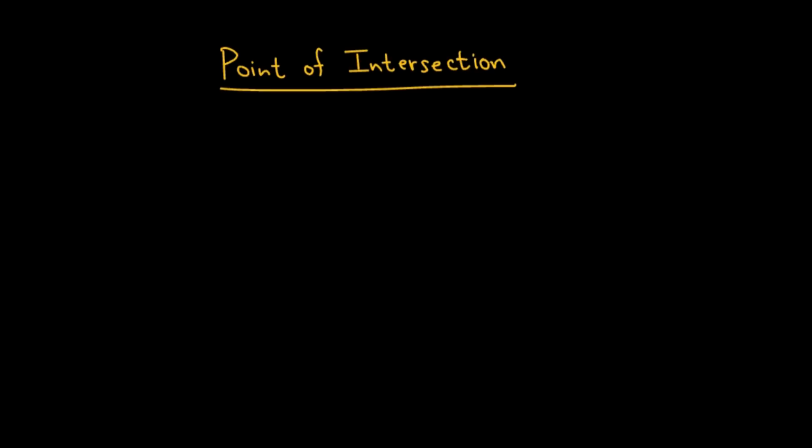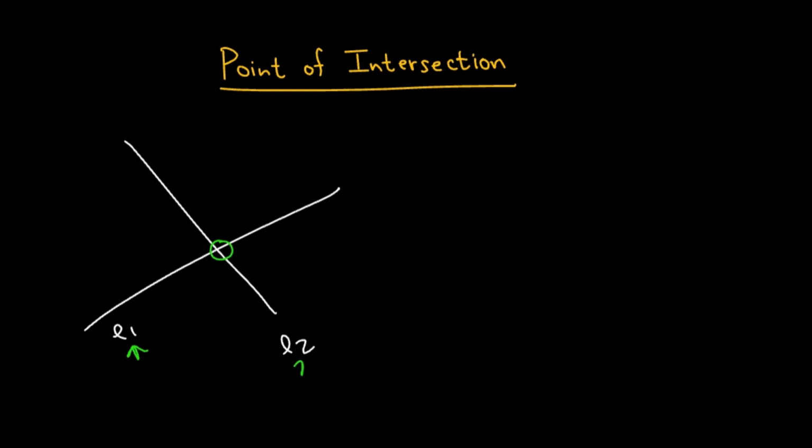Now consider you have a line segment L1 and another line segment L2, and you need to find the point of intersection of lines L1 and L2. For that, we need to have the equations of lines L1 and L2.